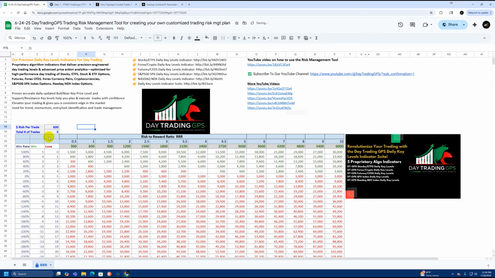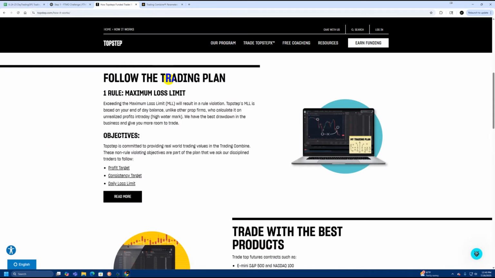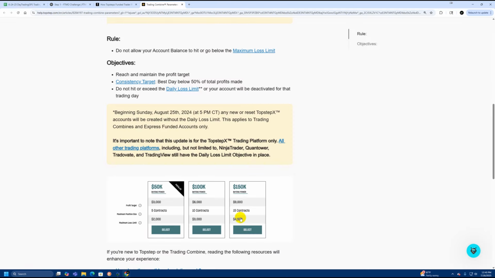Then you have a $600 risk per trade. And you would do the same thing, go through the same exercise if you were doing 150K. You just simply adjust the amounts based on maximum loss limit and profit target, and the same thing here with the 50K.